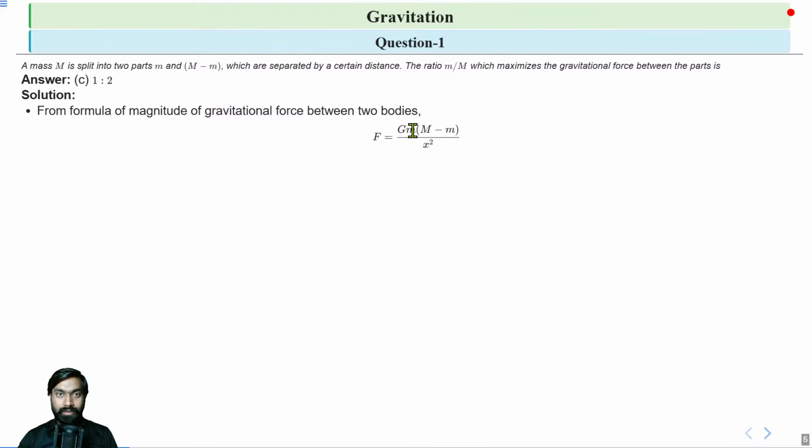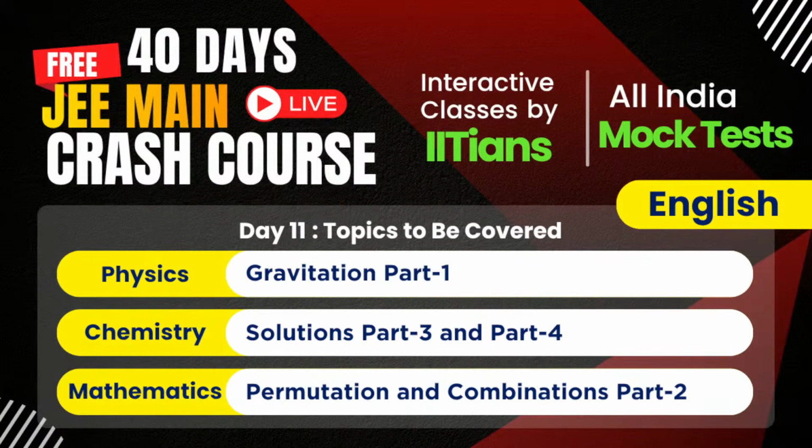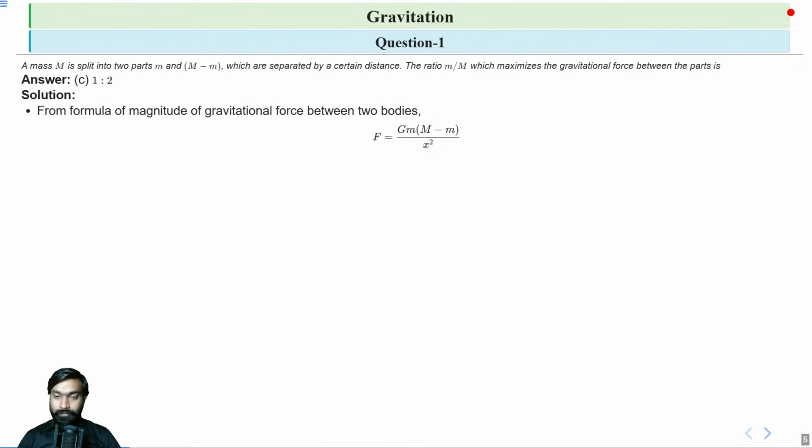Here small m is the mass of one part and the remaining mass is capital M minus small m, divided by x square. So this is the magnitude term.